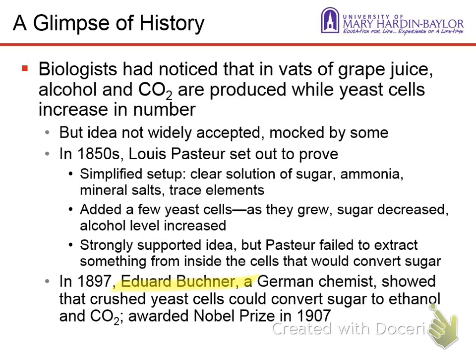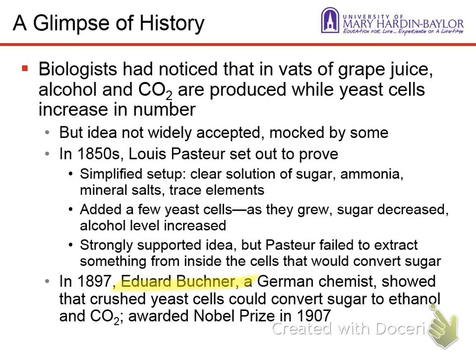Until this guy, Edward Buchner, a German scientist, actually did a similar type of experiment that Pasteur was trying. He took yeast cells that had been growing, he dried those yeast cells, and then he crushed those yeast cells and killed all the cells. And then he took that yeast extract, those dead cells that had been crushed up, and he put those in a test tube with sugar, and he saw that what came out of those cells could actually do the processes that was being described.